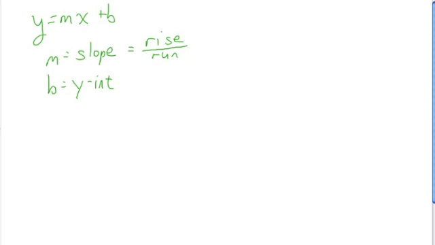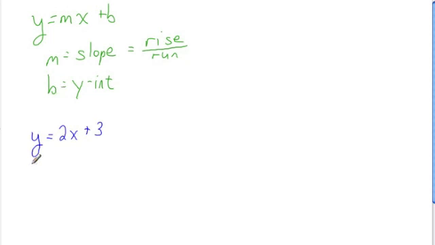Thus, when we're given an equation to graph, for instance, y equals 2x plus 3, we can look at the general form of a line in slope-intercept form in order to find the slope and the y-intercept.